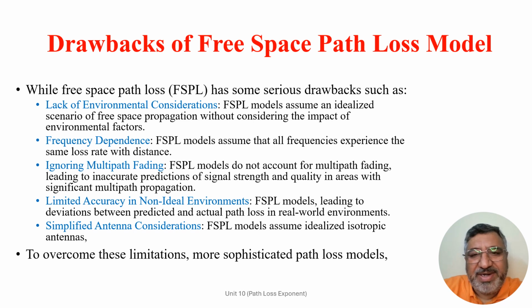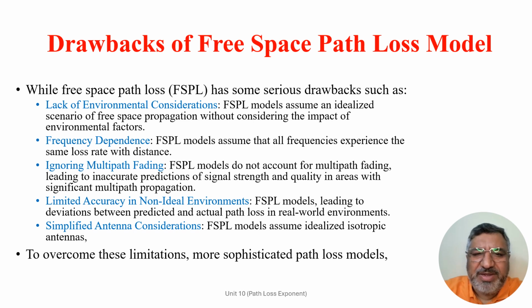Similarly, frequency dependence is another important drawback because free space path loss model assumes that all frequencies experience the same loss rate with distance. However, we know that different frequencies can have varying propagation characteristics due to phenomena such as absorption, scattering, and diffraction.